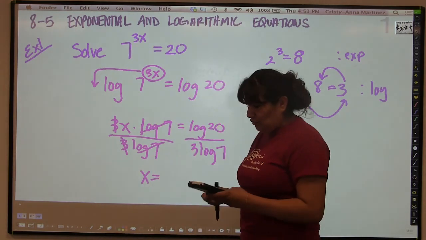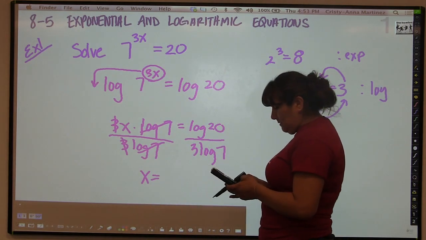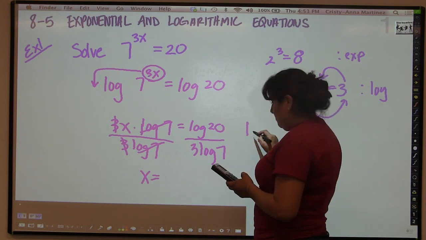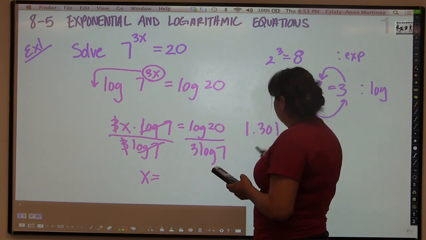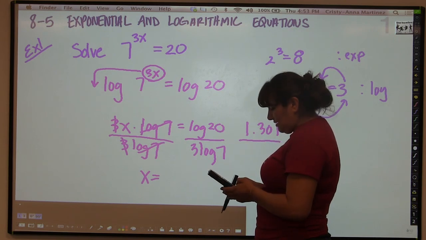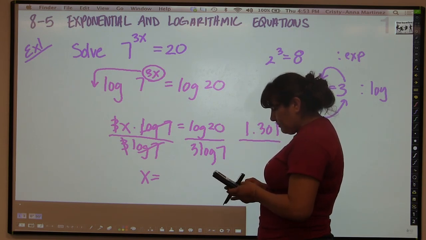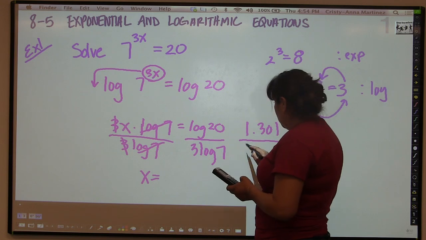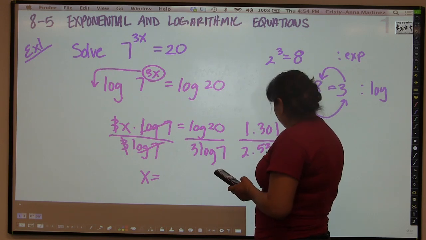Go to my trusty calculadora, and log 20 is approximately 1.301, and 3 times log 7 is approximately 2.535.